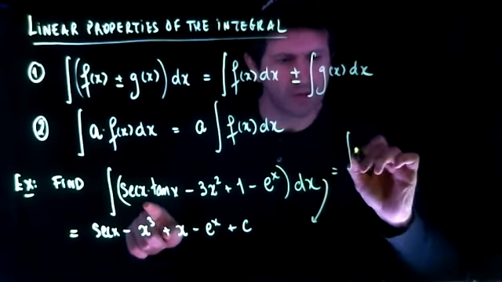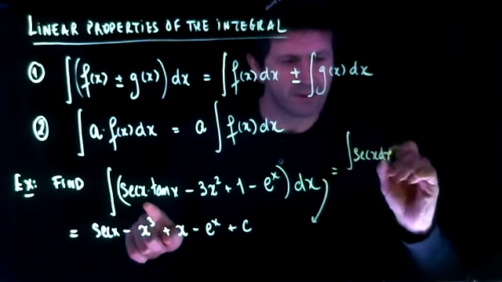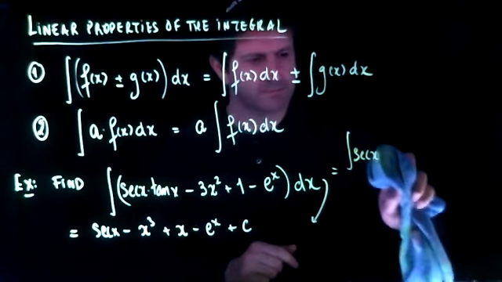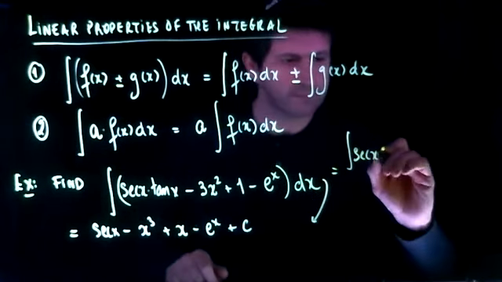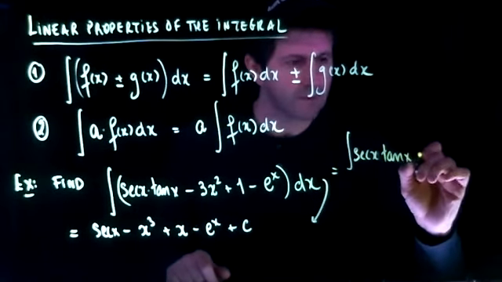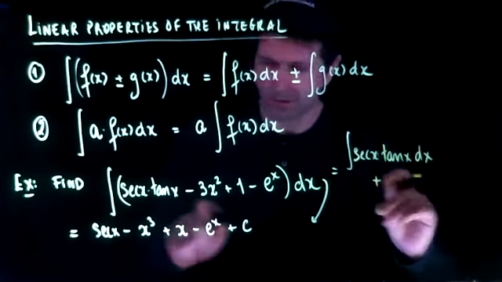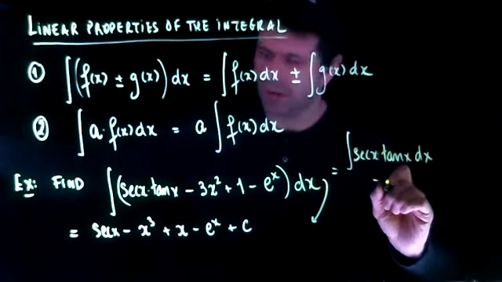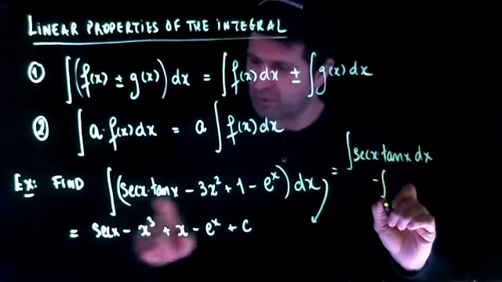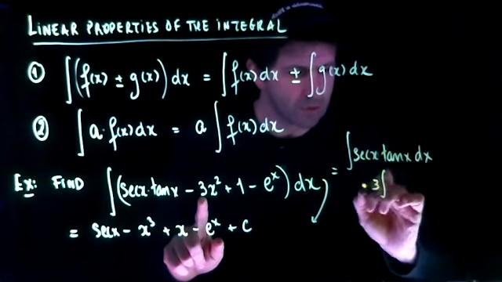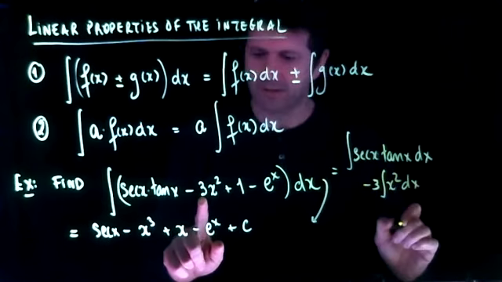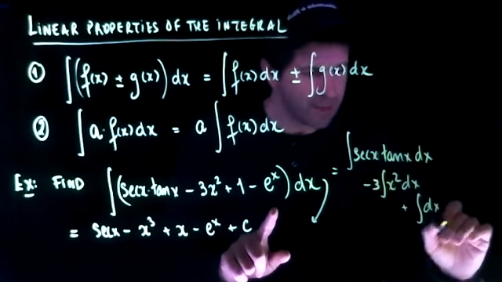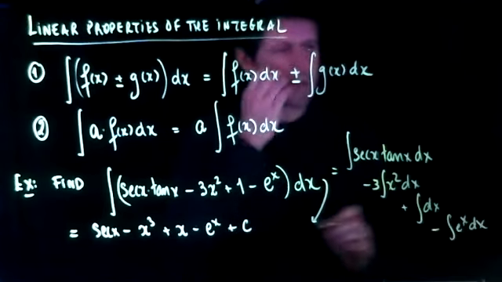So it's the integral of secant x tangent x dx, plus minus the integral of 3x2, so minus 3 the integral of x2 dx, plus the integral of 1 dx, and then minus the integral of e to the x dx.